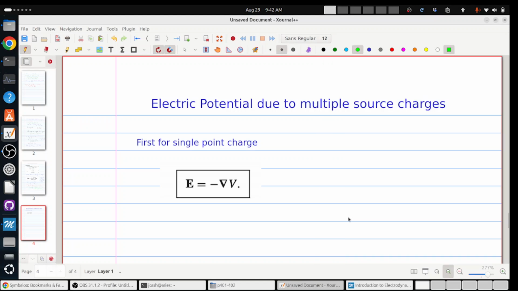Okay, so back when we did general physics, we had talked about the electric field as being the gradient of the potential.